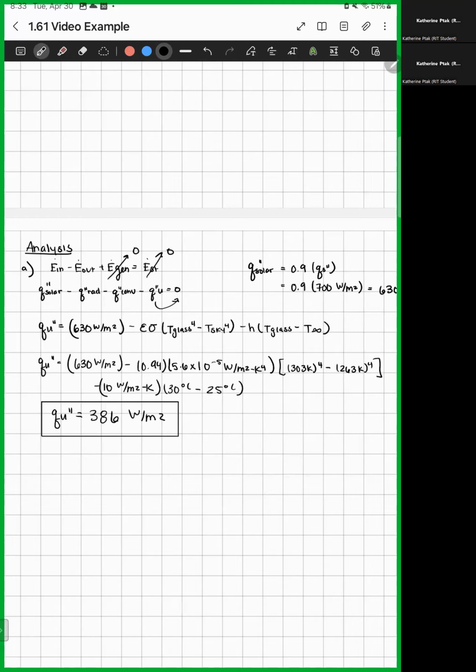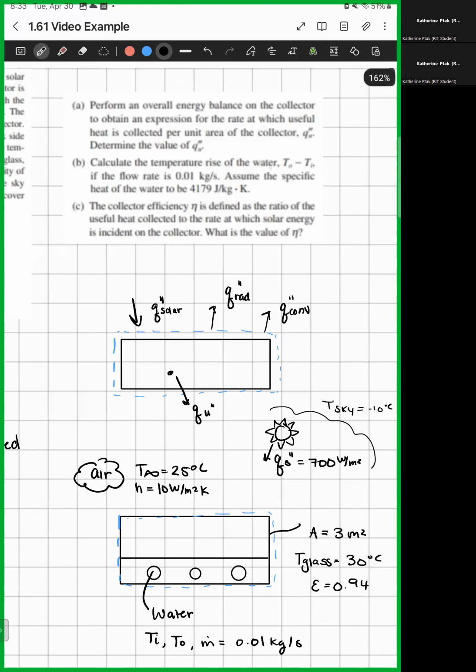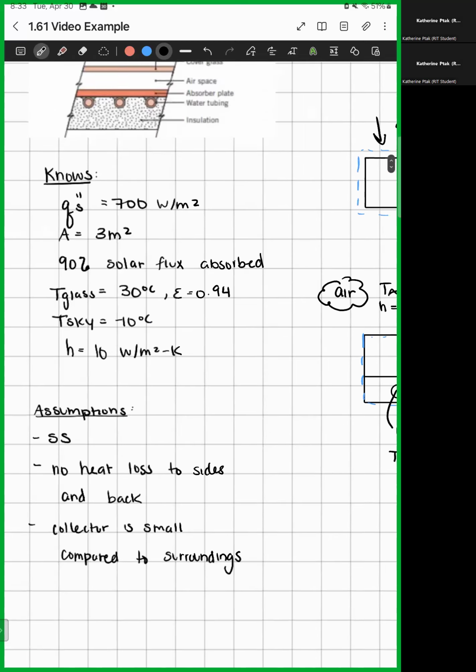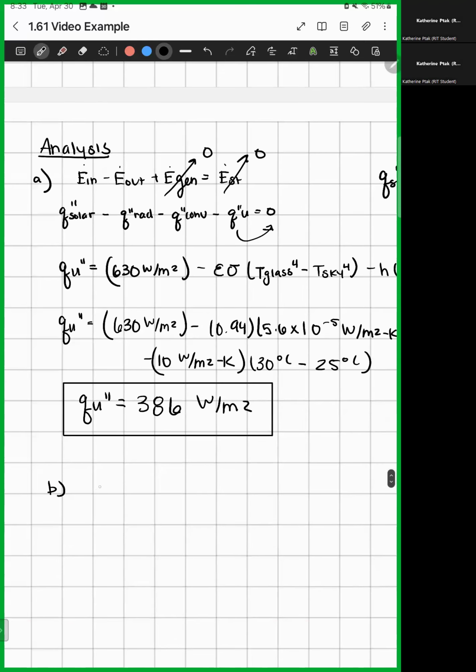So for B, if you remember, we want to calculate the temperature rise of the water, T out minus T in. So we are going to use this equation. We have QU. We're going to move it so it's not heat flux anymore.